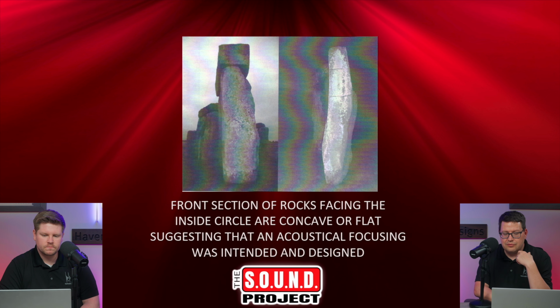Sure. So it was an intentional thing for this to be flat for some reason. Some of them you can see on the right-hand side are even a little concave. But the back sides are usually very rough and not something that would reflect sound very well. It would scatter sound. But all the inside pieces are flat or concave.